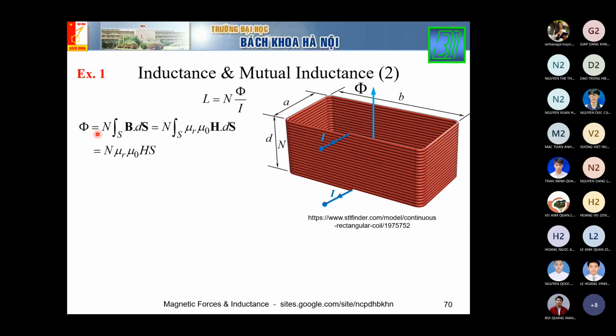So we find the magnetic flux, but actually we didn't find it yet, because so far we don't know the field intensity H here, so we have to find it. To find it, we can apply Ampere's law once again.